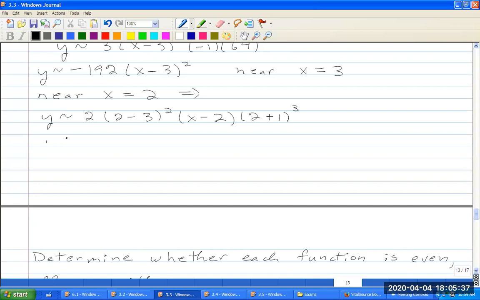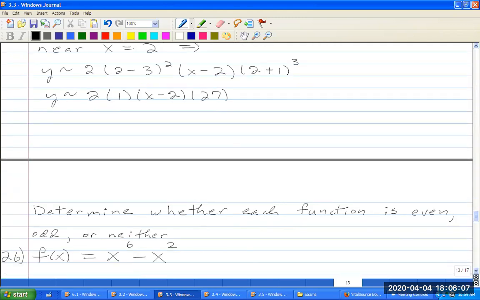And so I get 2 times negative 1 squared, 1, x minus 2. 2 plus 1 squared, 2 plus 1 is 3, cubed is 27. And again, the most important is really not the numbers as much, because I won't be able to be that exact when I draw this, but the sign is important. So this is going to give me a 54 x minus 2.